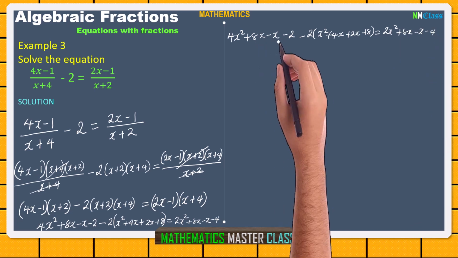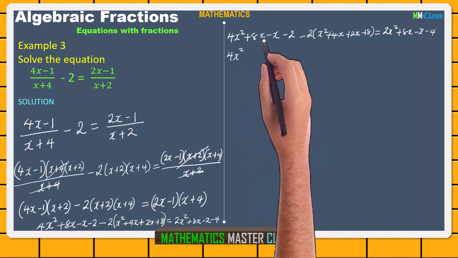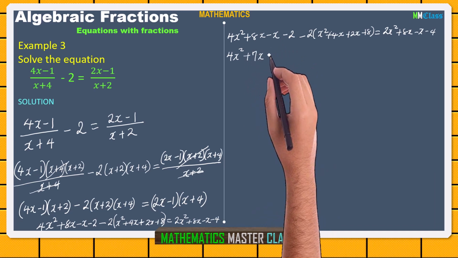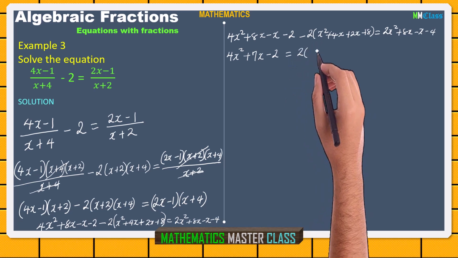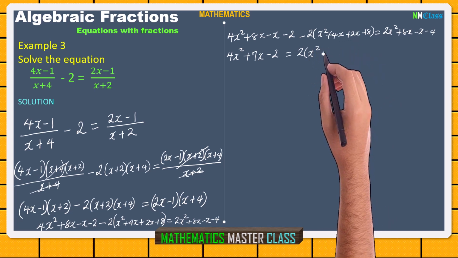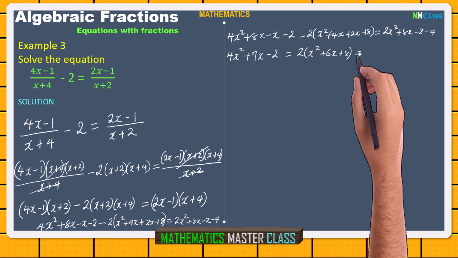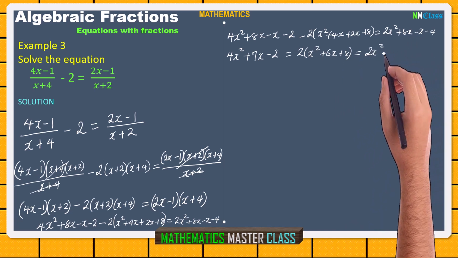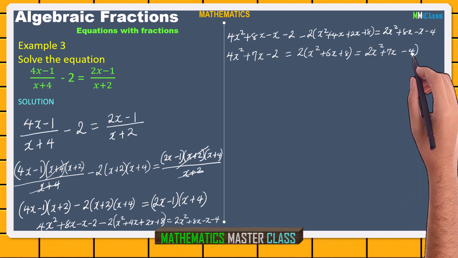So let's collect the like terms. We have 4x squared. 8x minus x will give us plus 7x minus 2 is equal to, in the bracket we have x squared, then 4x plus 2x will give us plus 6x plus 8 is equal to 2x squared, 8x minus x again will give us plus 7x minus 4.